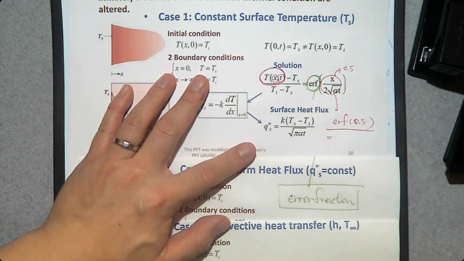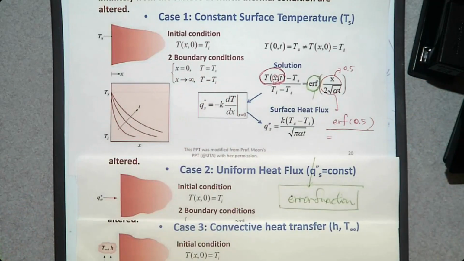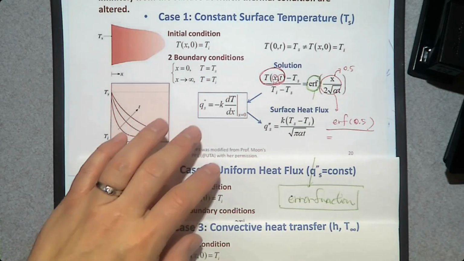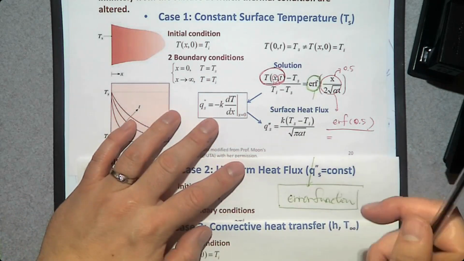To determine that, you can go to the error function table. So the x is 0.5. Where is 0.5? Oh, right here. X is 0.5. What is the output of the error function? 0.19146.